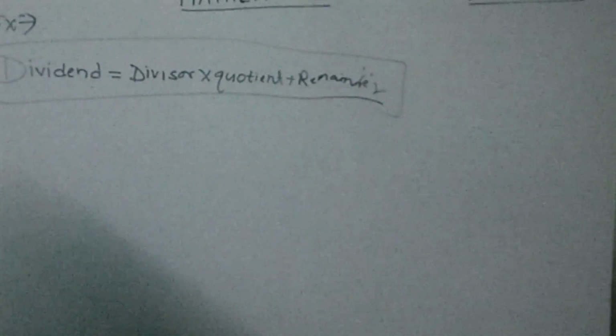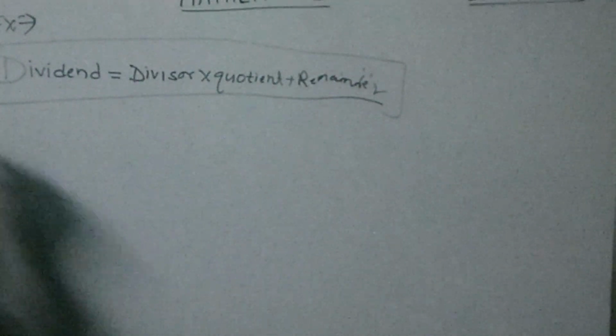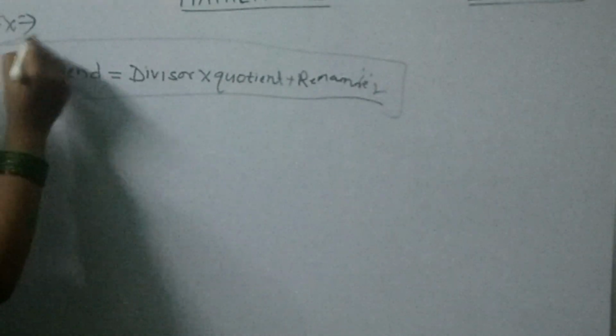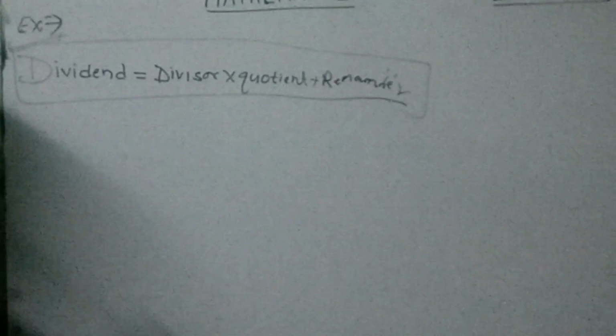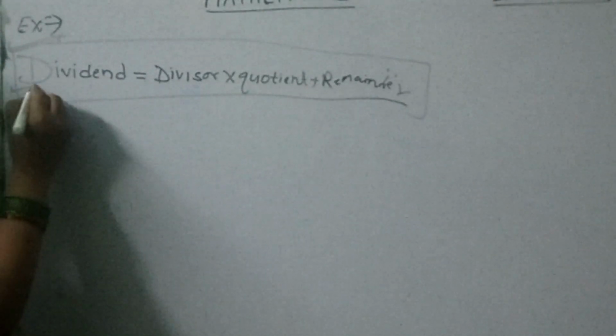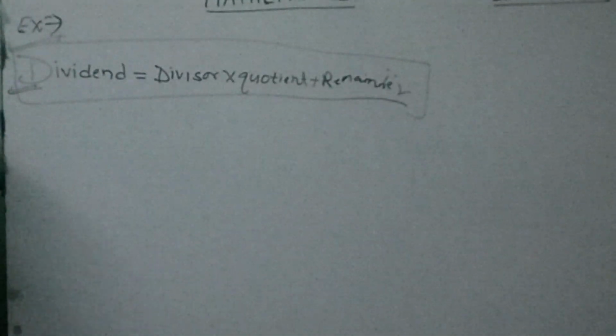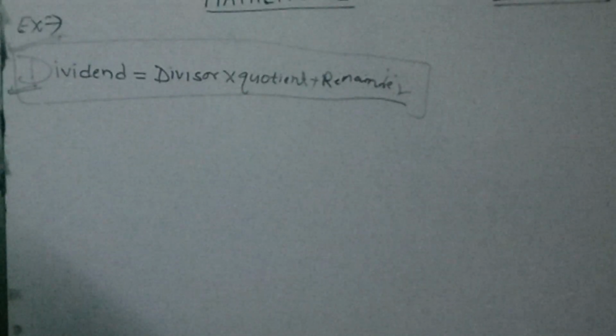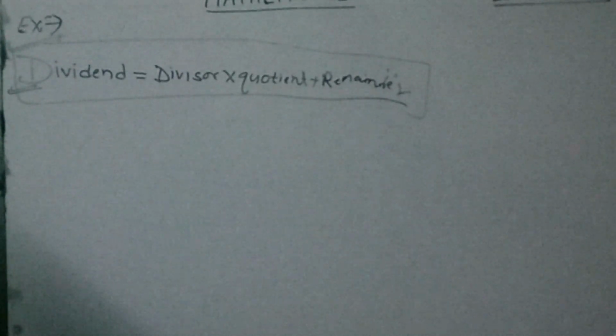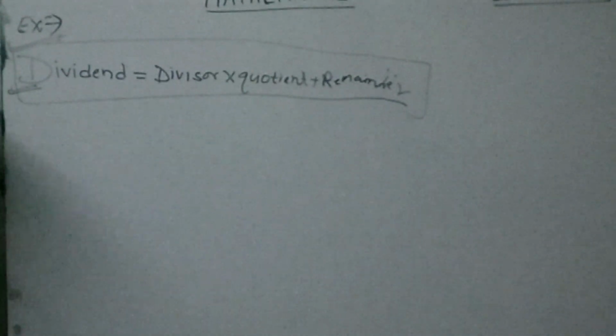Okay, this is the formula to check the division. After dividing, to check the answer, we will use this formula: dividend is equal to divisor into quotient plus remainder. Okay, next class I will teach you this one.